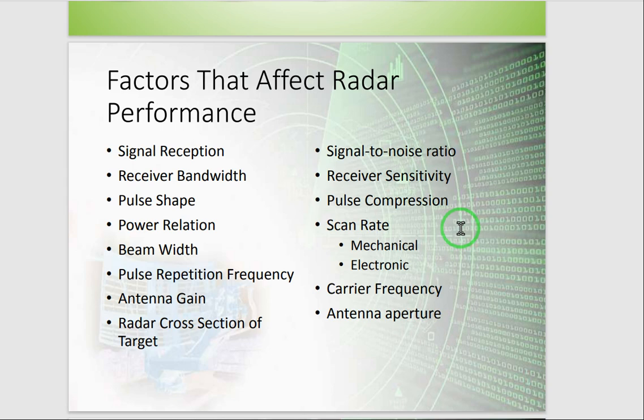Carrier frequency: we have to choose the carrier frequency very intelligently. Then the antenna aperture: antenna size, antenna aperture, antenna cross section, they are all very important factors that can affect the radar performance very easily and can identify a false object with a false range.